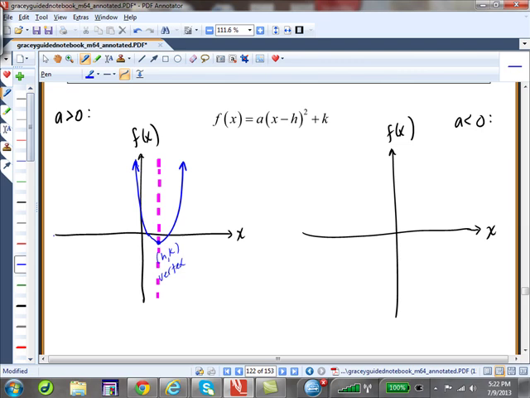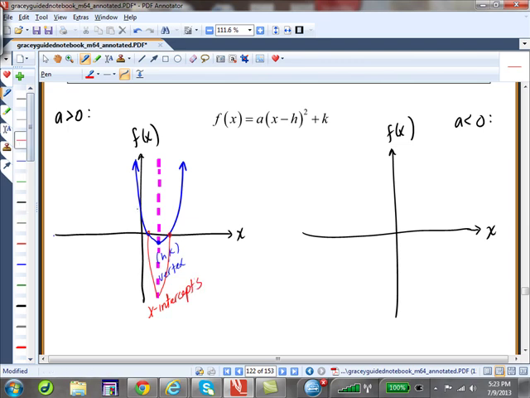So we've got a few important values here. These here are the X-intercepts, right?